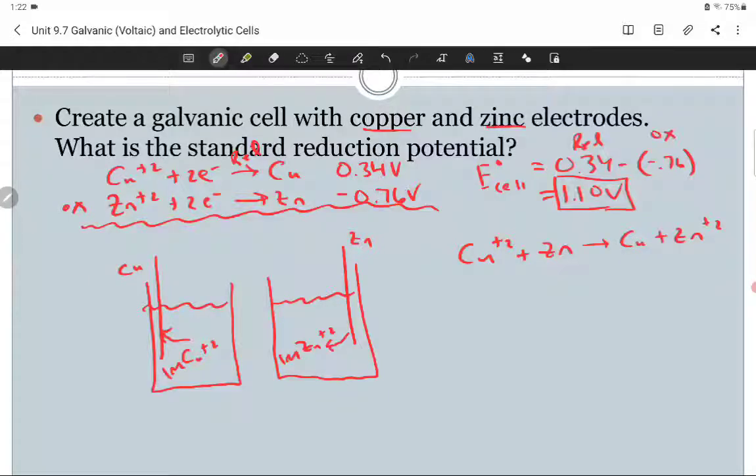We need to connect these up. So here's our wire. And the wire could just literally connect, but I like to put a voltmeter in here and show that it's making the voltage that it's supposed to make. We need to show which way the electrons are traveling. They always travel from the oxidation to the reduction half reaction.